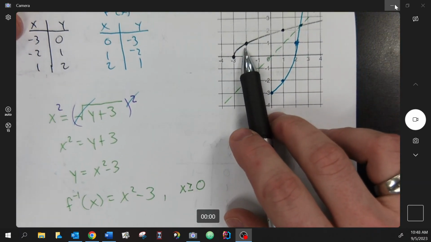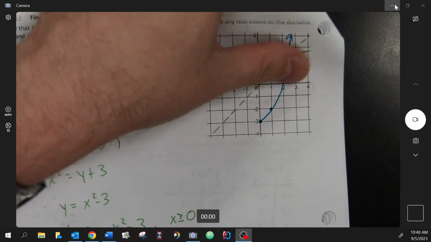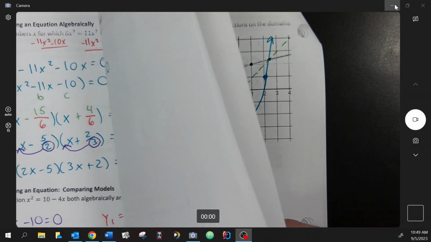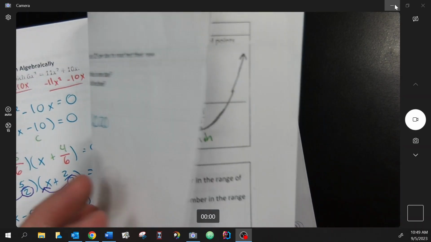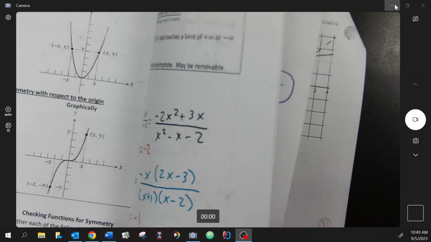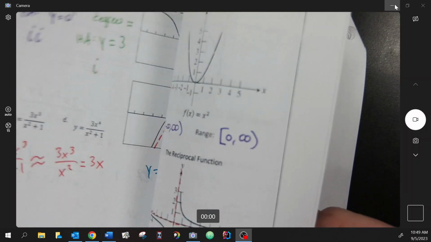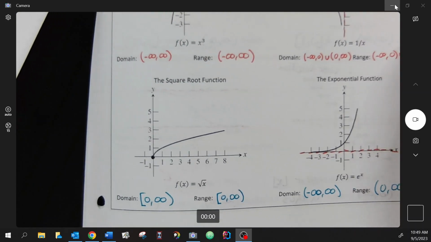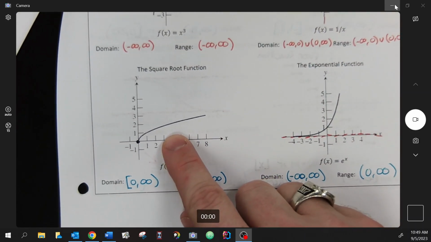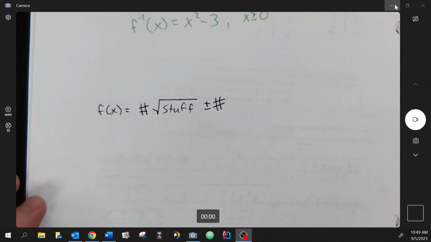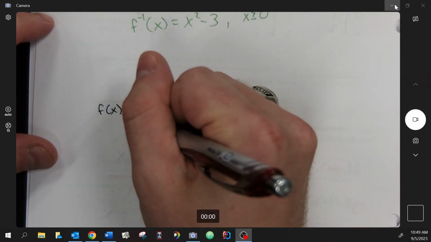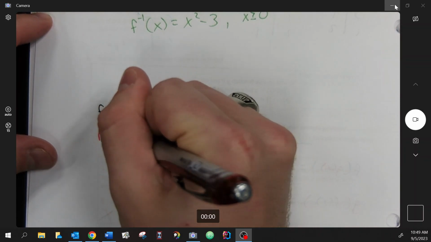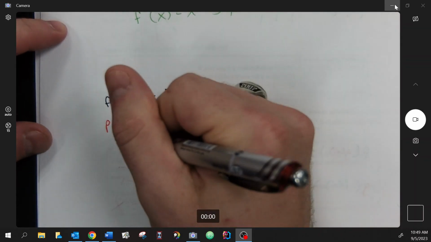Square root graphs are supposed to point up and to the right. Do you remember way back in section 1.2, 12 basic functions? Or was that 1.3? It's 1.3. There's the parent square root graph. It points up and to the right. So if this number is positive, this graph points up.